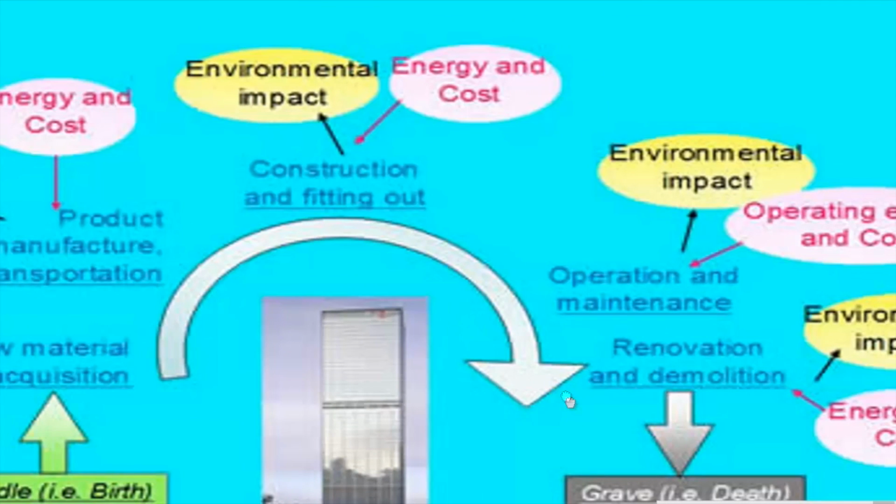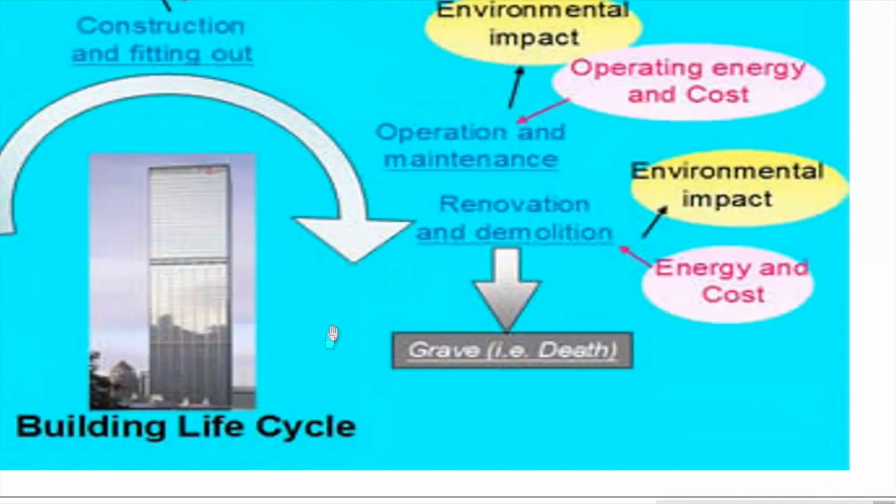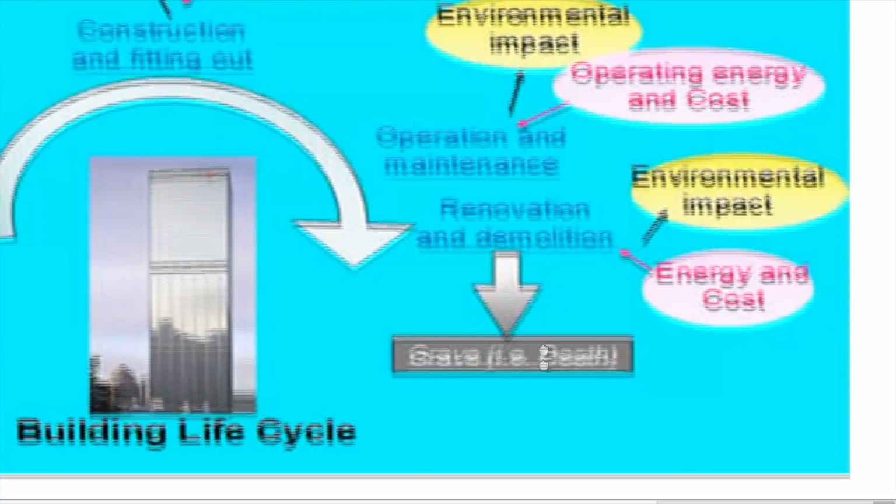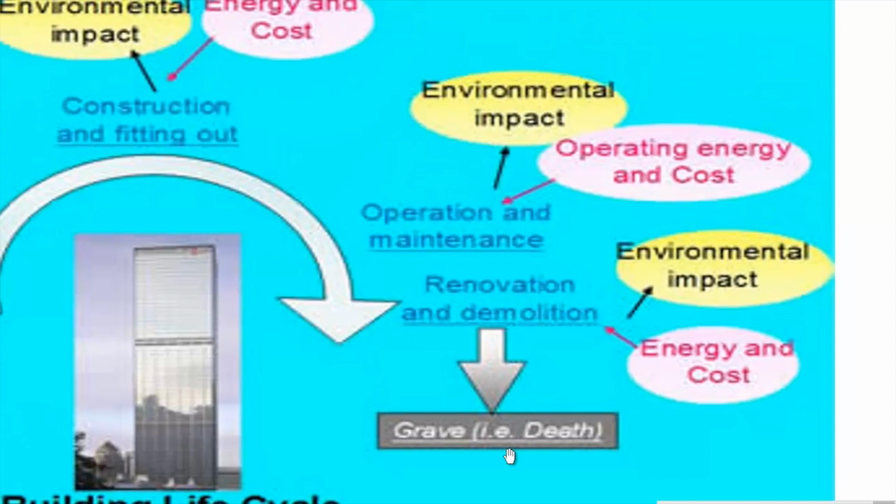Then construction and the fitting, operation and the maintenance of the building, renovation and the demolition of the building, that is grave, the death of the building. It includes the operational energy and energy cost.